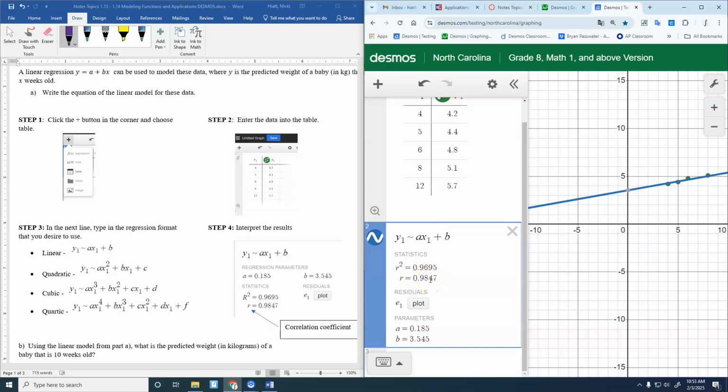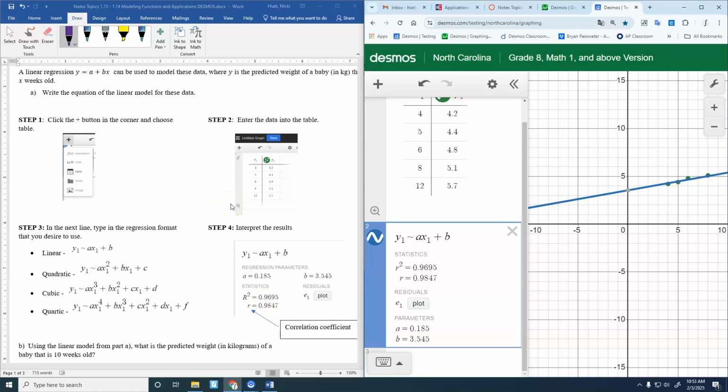If it fits every point, it's going to be 1, or -1 if it has a negative correlation, like if it's a decreasing line. So if it fits perfectly, you'll get a 1 or a -1 here. This R squared is what you have to use to compare sometimes, because R can be positive or negative. R squared is always going to be positive. So a lot of times we look at R squared to compare results here.